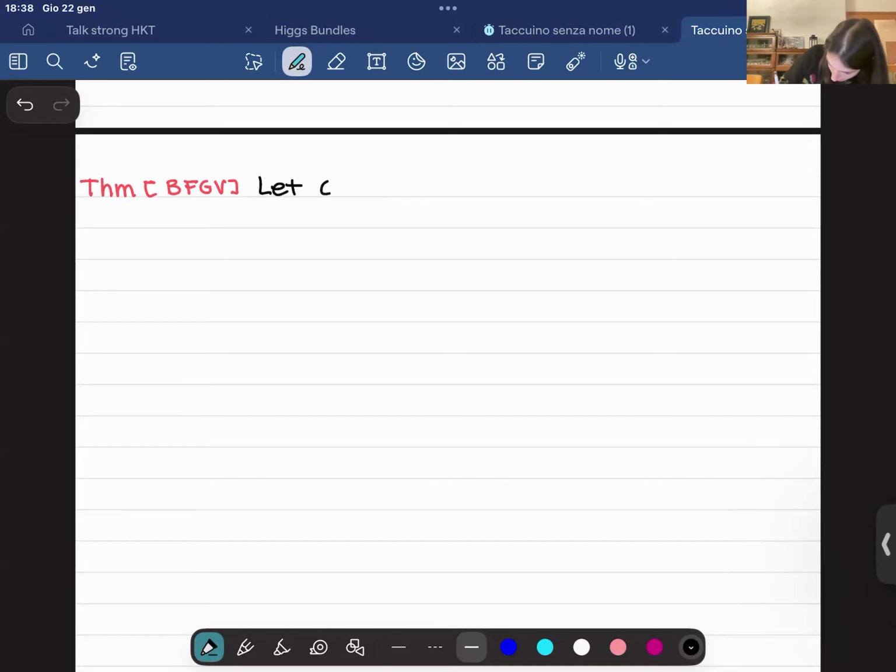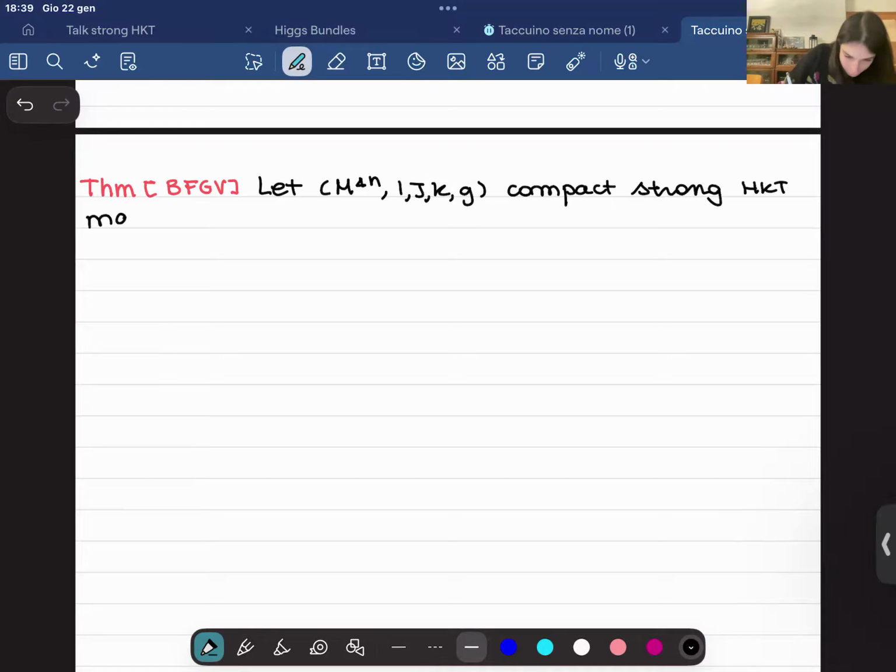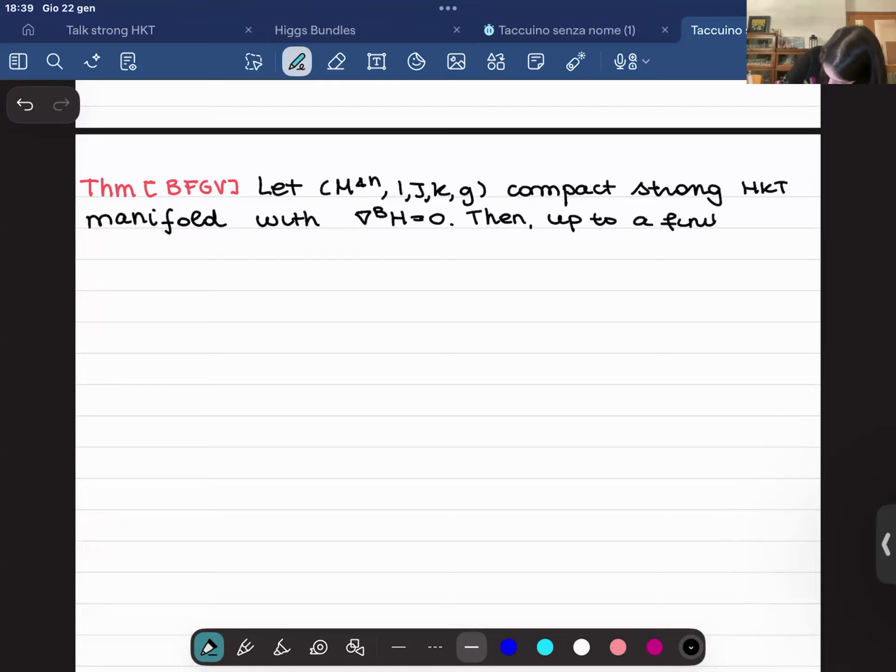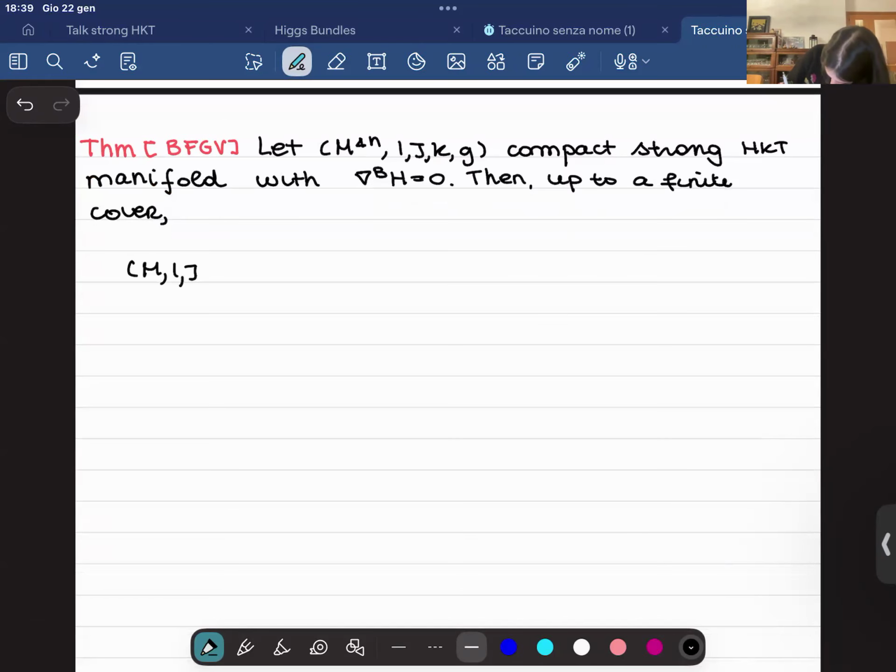So let us consider M to be a compact strong HKT manifold with parallel Bismut torsion. Well, then its universal cover splits as a product of two guys.